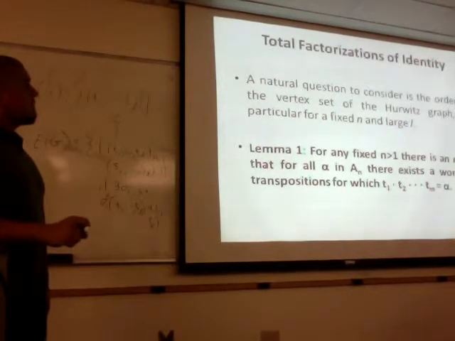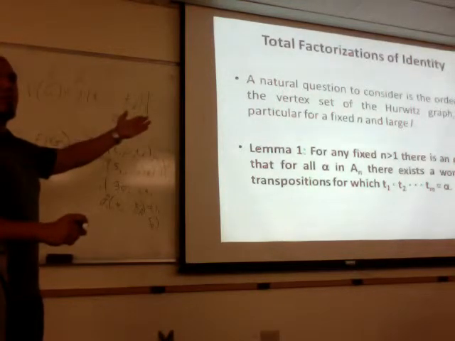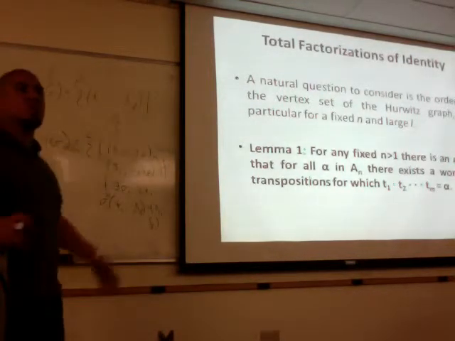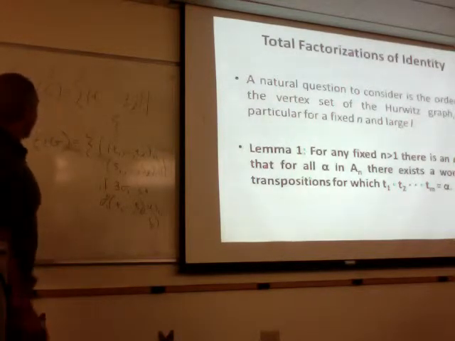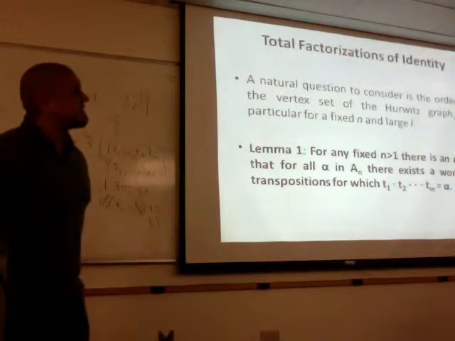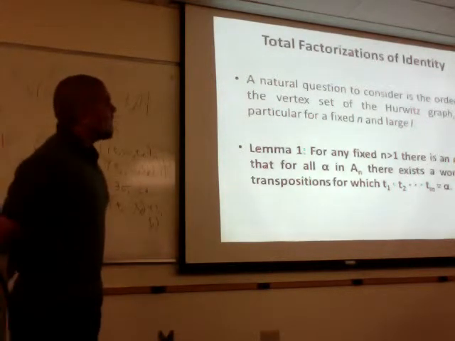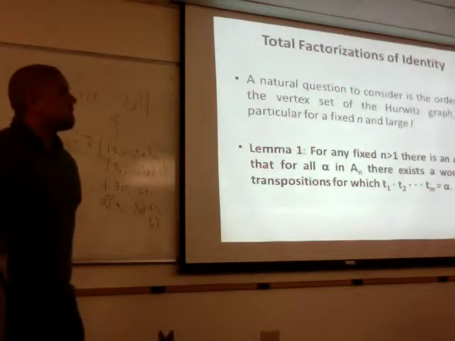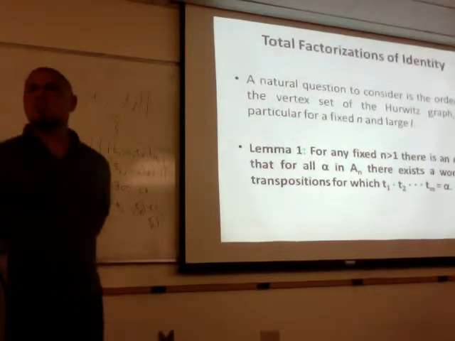So here we go. I started to attack this problem by determining the total factorizations of identity. Right? And I was able to find some information on this for small n. So if you have a symmetric group on n letters, for 3, 4, or 5, there exist these closed forms.